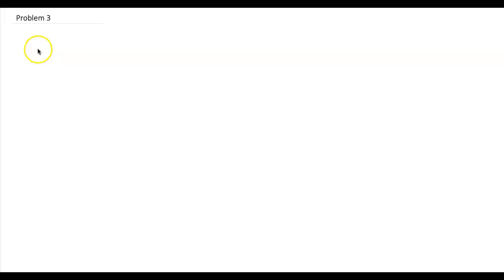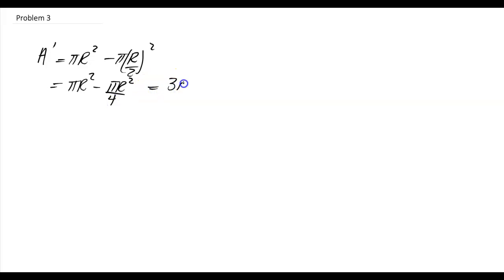So let's say that the area of that wire that we're going to look at is going to be pi r squared, which is the area of the entire cylinder, minus pi (r over 2) squared, which is the region that we're looking for. So this is pi r squared minus pi r squared over 4, or 3 pi r squared over 4.